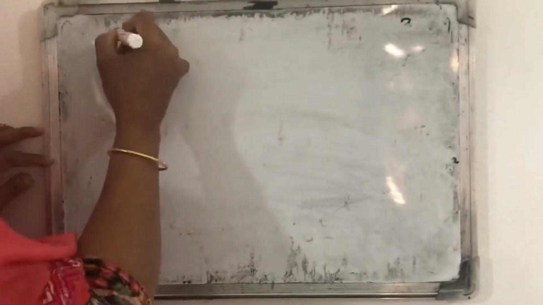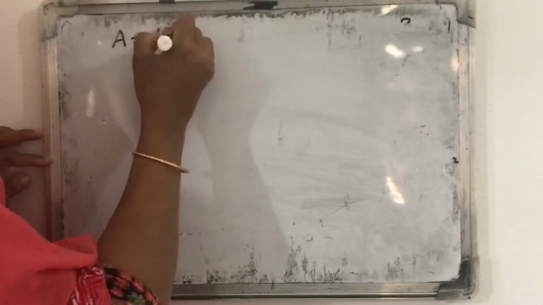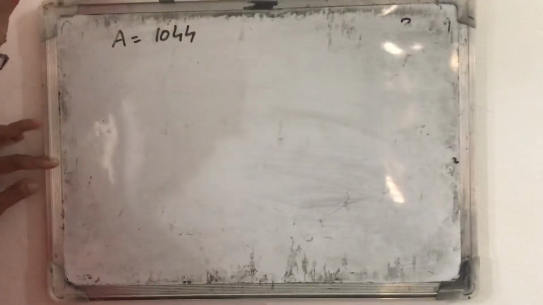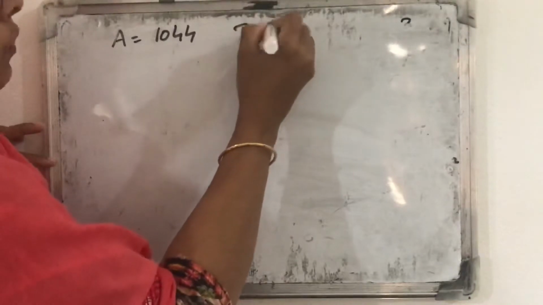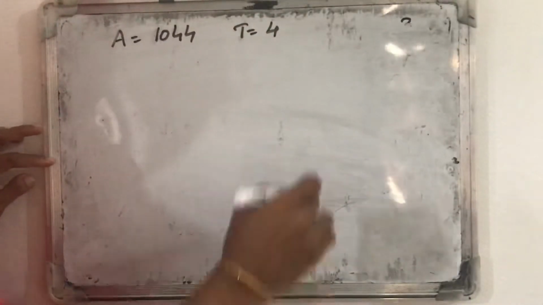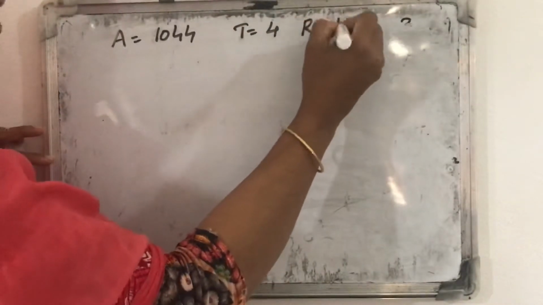But after 4 years, with the rate of interest at 4%, the amount we will get is 1044. So A is equal to 1044. Then what is the next given? T is equal to 4 years, and the rate of interest is also given, R is equal to 4.